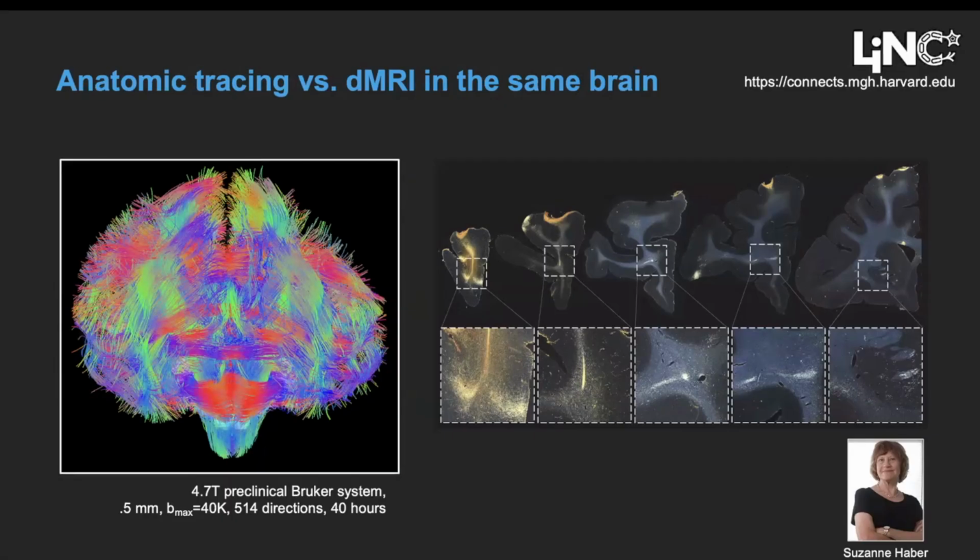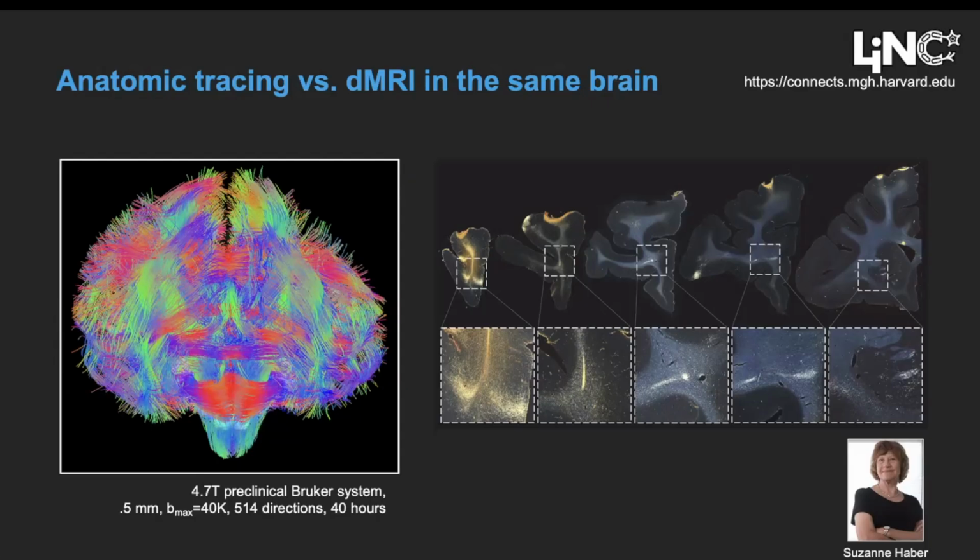We take the postmortem brain, we do a weekend-long scan, collecting diffusion MRI data for 48 plus hours here in a small bore scanner at the Martinos Center. And then we send it back to Suzanne, where her lab does the sectioning and the staining to visualize the tracers that are inside these brains. And then we can do a side-by-side comparison of the tractography and the tracers in the same animal.